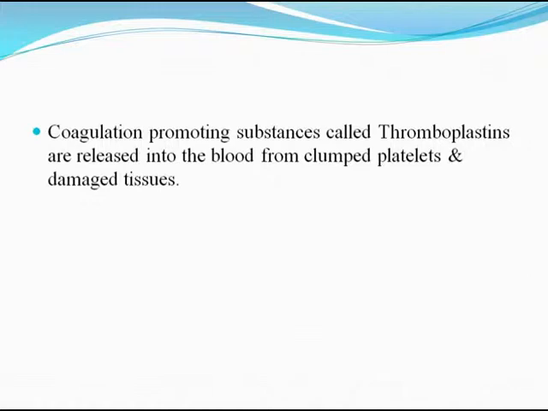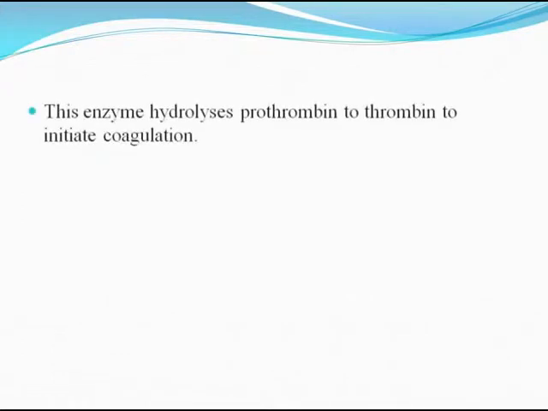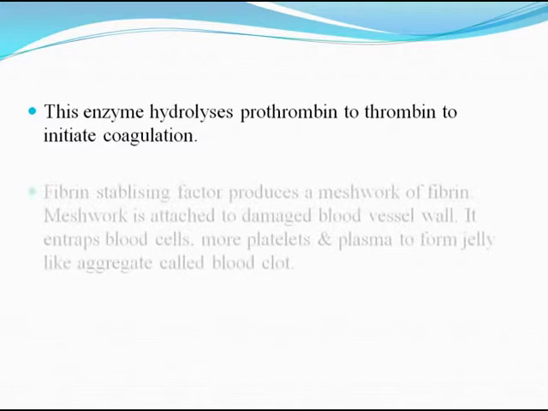Coagulation promoting substances called thromboplastins are released into the blood from clumped platelets and damaged tissues. Thromboplastin helps in the formation of prothrombinase, which is an enzyme. This prothrombinase hydrolyzes prothrombin to thrombin to initiate coagulation.